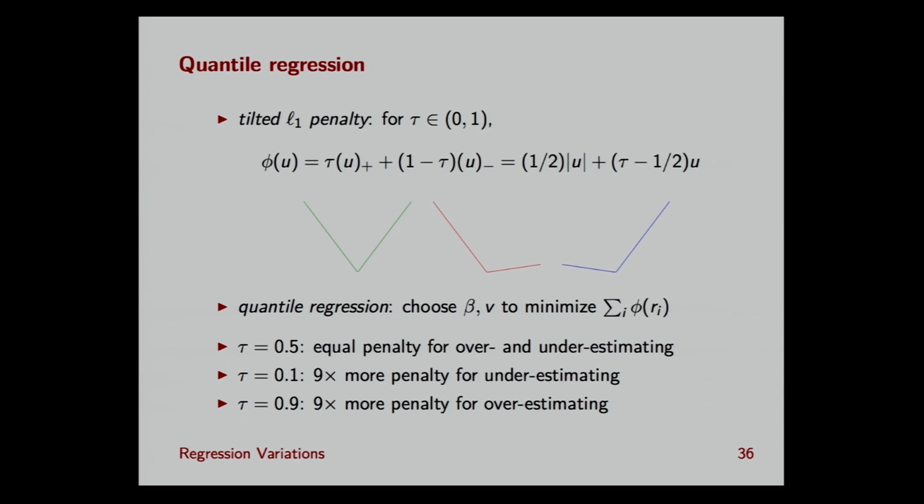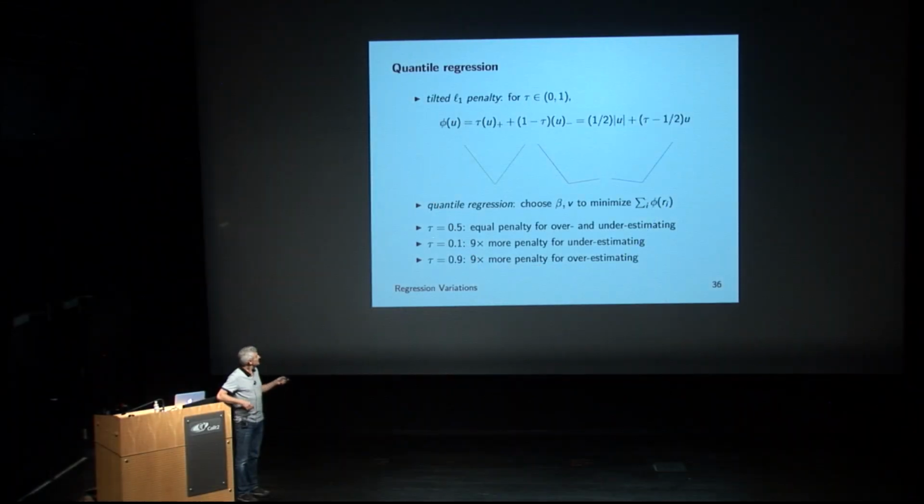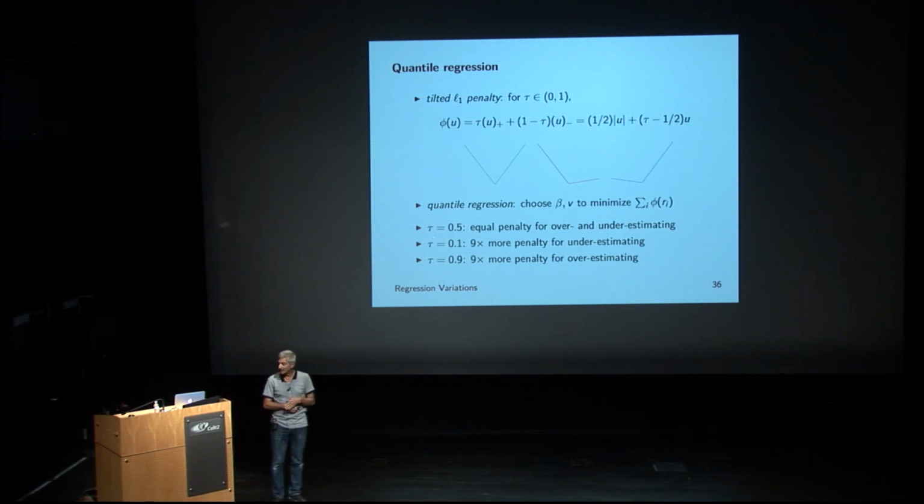If tau is 0.5, this is the negative part plus the positive part, that's this, right? If tau is 0.1, you get this. This is tau equals 0.9, you get this. Very cool ways to think about it. If I am going to minimize phi of the residuals, tau equals 0.5 basically says I care equally about overestimating and underestimating.